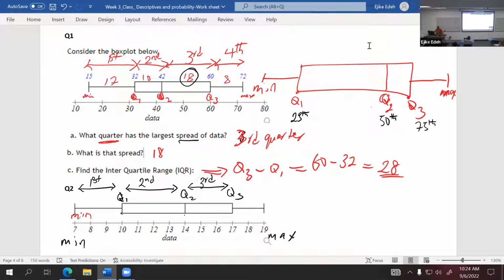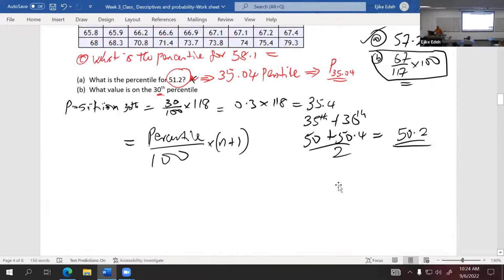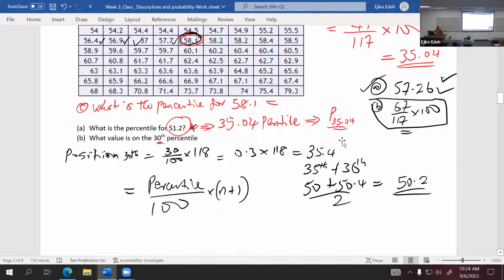You could use the formula we've been using before to solve that, if that is what it's asking you. You can use this formula to get the exact value. If you're asked to find the 30th percentile, do percentile over 100 times n plus 1, and use that to get a value here.